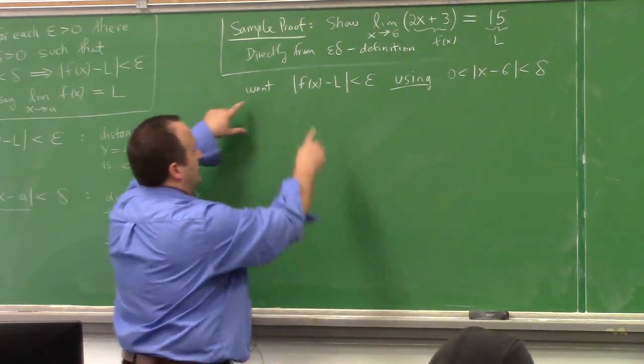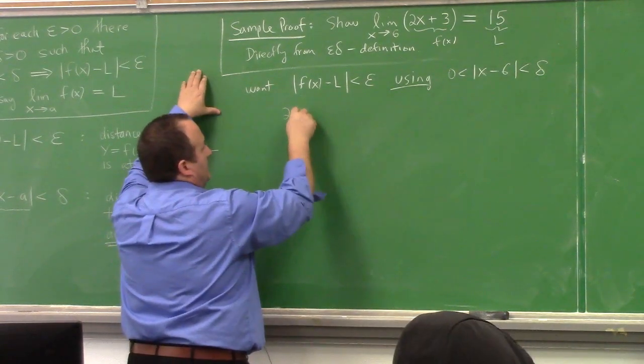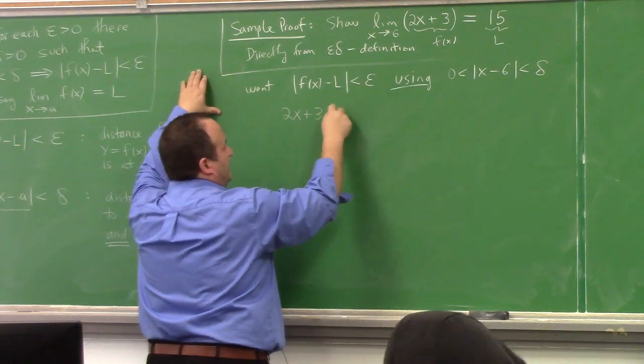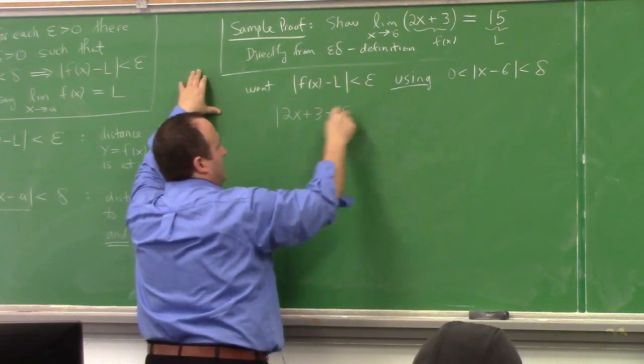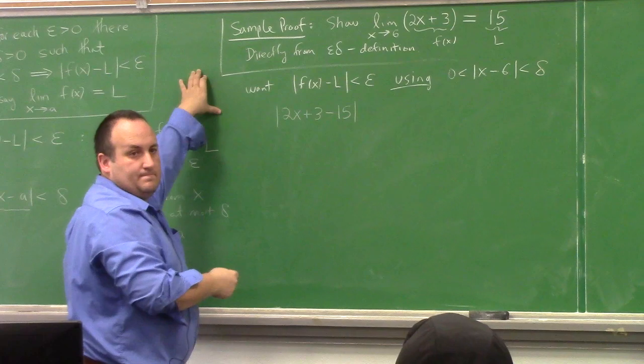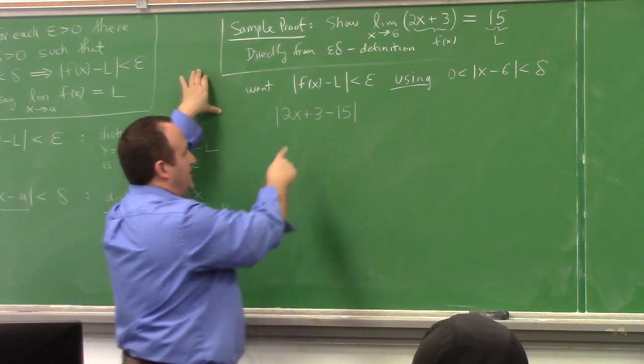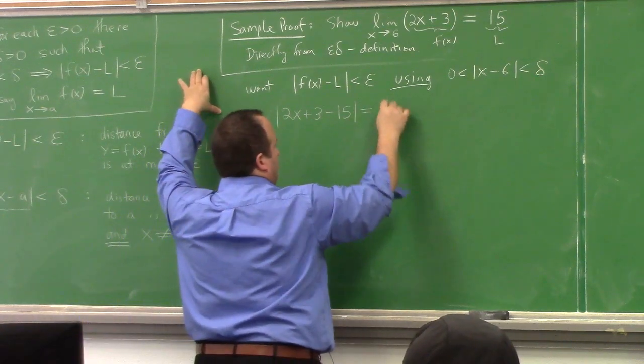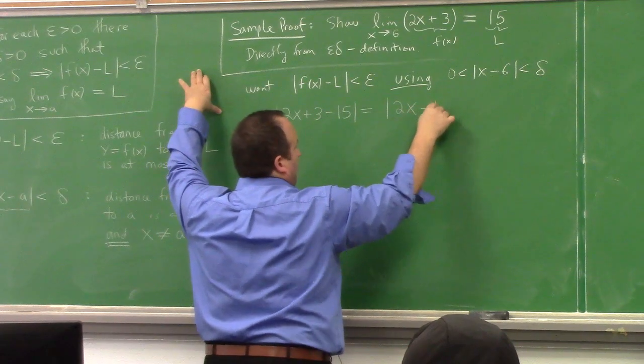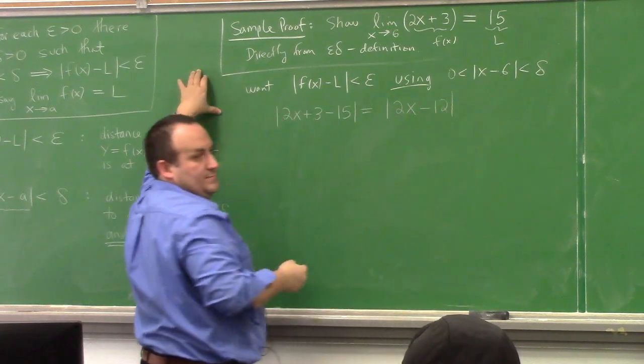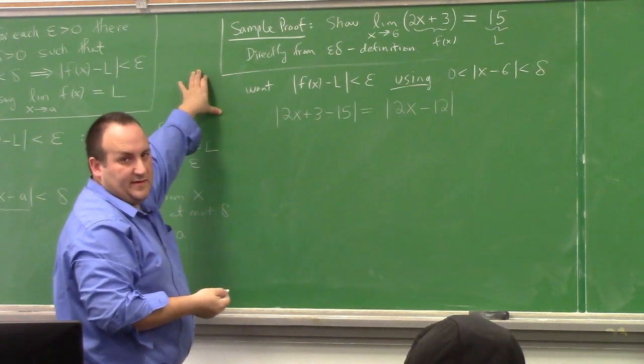So what is this? This is 2x plus 3 minus 15, right? How does that work out? That's 2x minus 12. We can factor a 2 out of that.